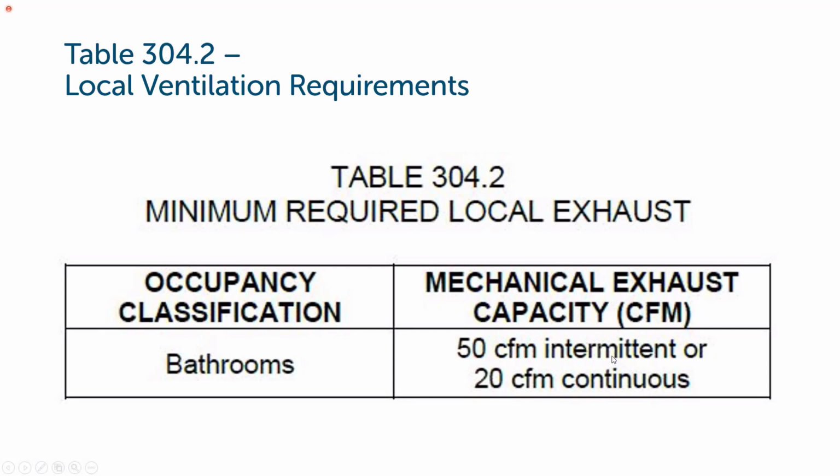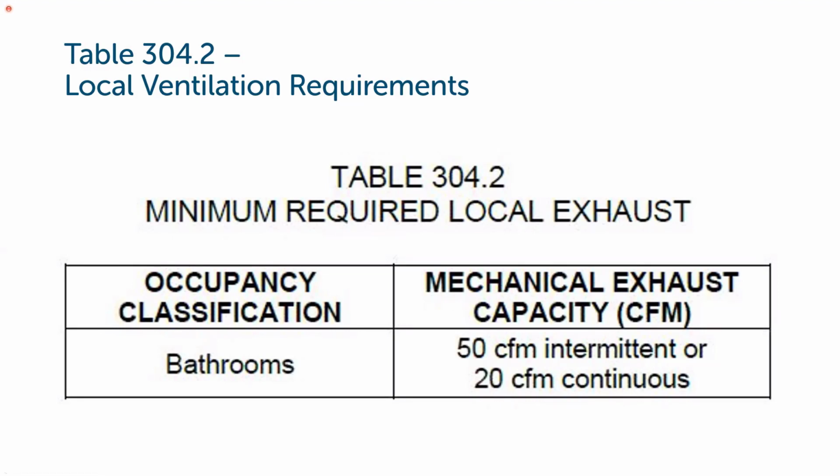If you're going to have a standalone fan in that space as the local exhaust, that fan needs to be moving 50 CFM if it's going to be on or off based on occupancy or load. And if the bathroom local ventilation requirement is going to be met by a ducted, fully distributed ventilation system within the building, it needs to be moving 20 CFM minimum if it's going to be continuous.